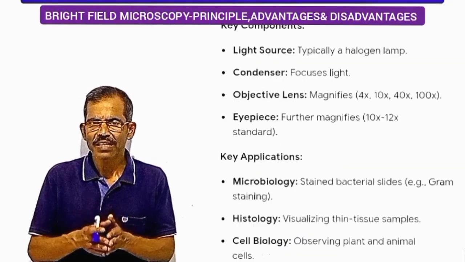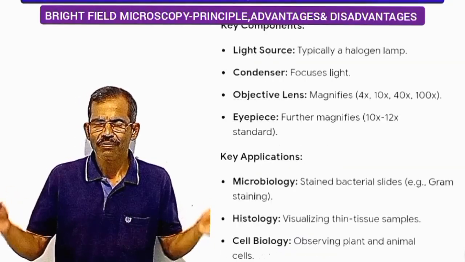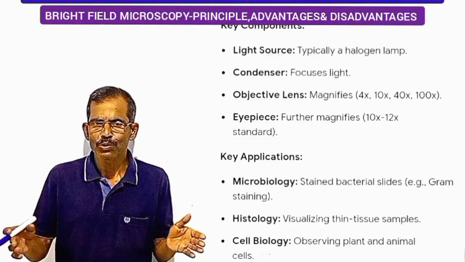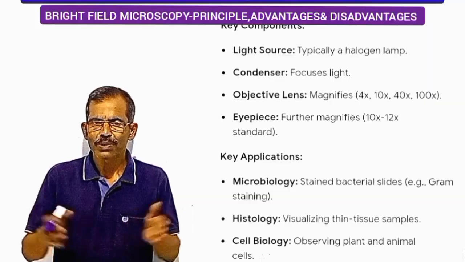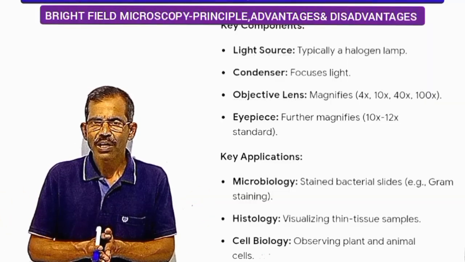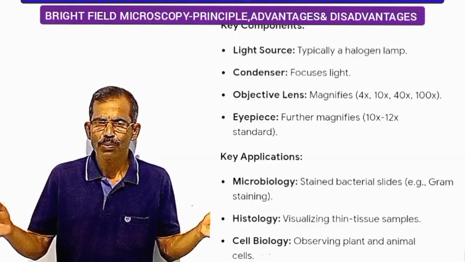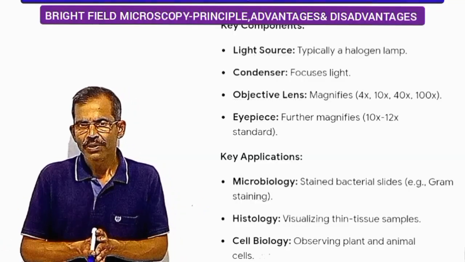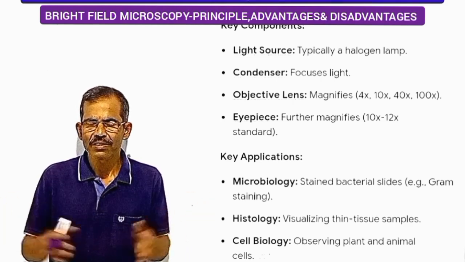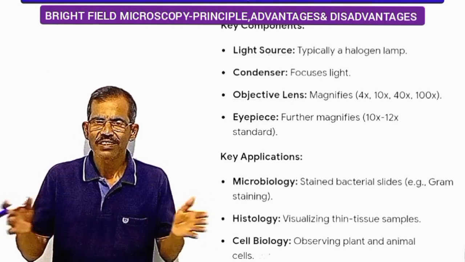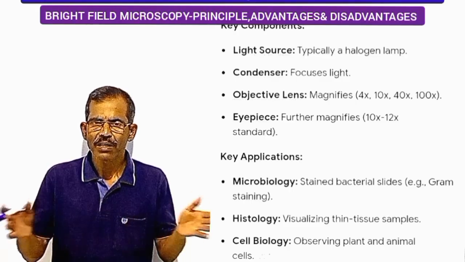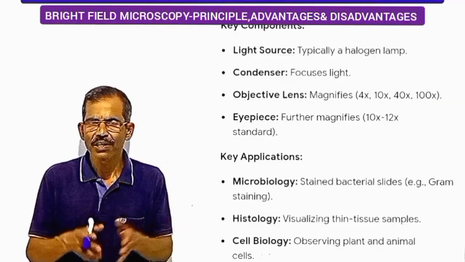So when such transparent samples are illuminated with white light in a bright field microscope, most of the light passes through the sample directly without being significantly absorbed or scattered. This gives rise to very low contrast. As a result, fine structural details are lost and the specimen and the background appear almost the same.